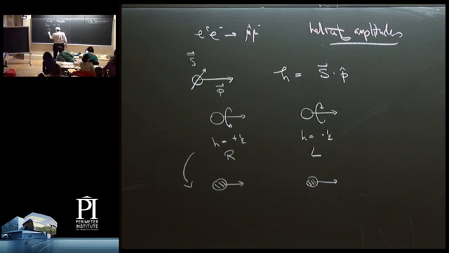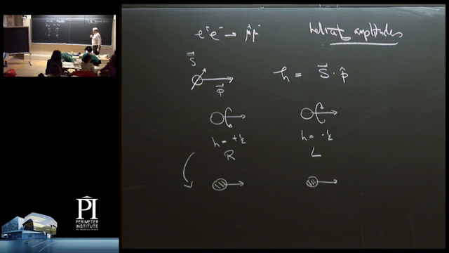And so what it will create is a left-handed particle, and this one a right-handed particle. Helicity is odd under parity. And so if you have a parity invariant theory, like the electromagnetic interactions or the strong interactions, parity will interchange these two states.